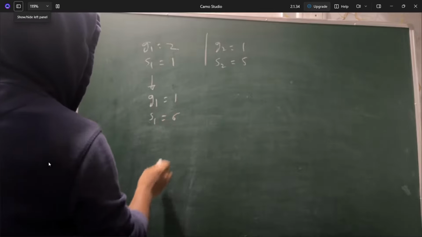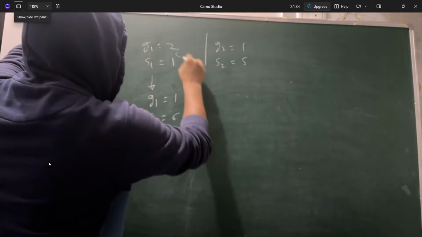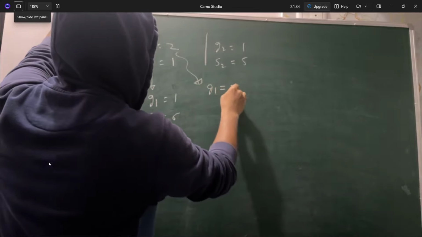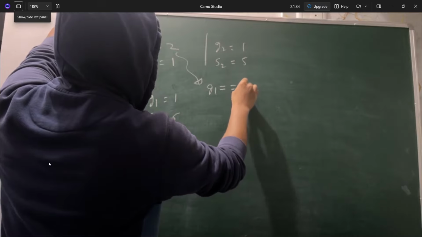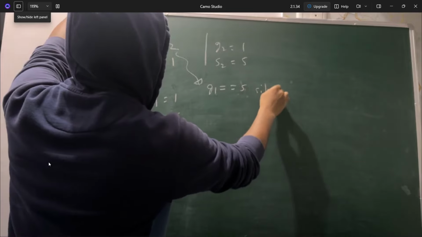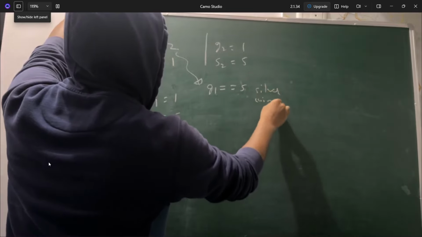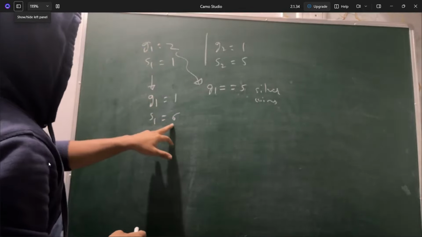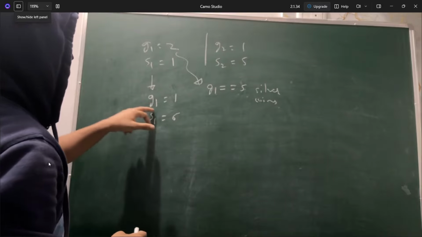So silver will be 6. I think you got it: one gold coin is equivalent to 5 silver coins. So he gave one gold coin, received 5, so he now has 6 silver coins and one gold coin.